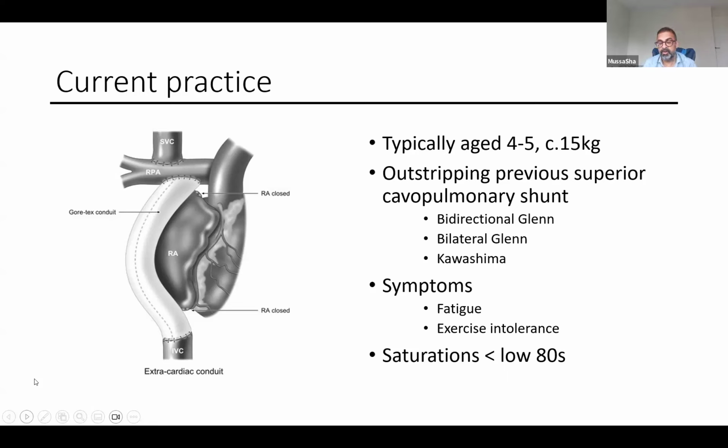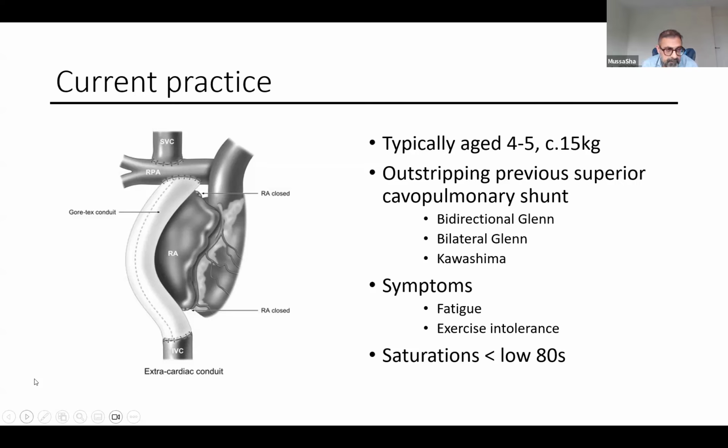So they've either been through the situation where the right side was inadequate and they needed augmentation of pulmonary blood flow in the first instance in the neonatal period, and they've then gone through to a Glenn, or the opposite situation whereby the systemic circulation was compromised and they needed that to be secured, and so they've had a Norwood procedure, and then they've gone down to a bidirectional Glenn.